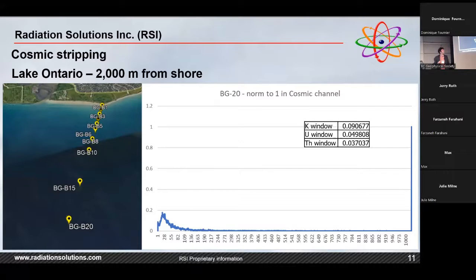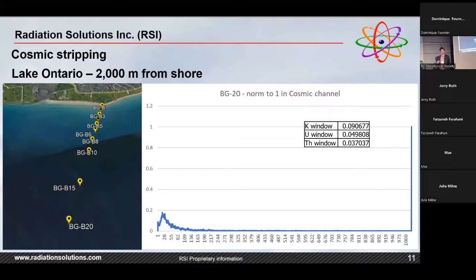So I went on Lake Ontario about 2 kilometers away from shore, and that's what I measured. I normalized to 1 count in the cosmic window, which is a high energy window, and then I'm looking at everything else that I'm seeing. You can tell that for every count in the cosmic window, I'm getting about 0.09 in the potassium window, 0.05 in the uranium, and 0.04 in the thorium.